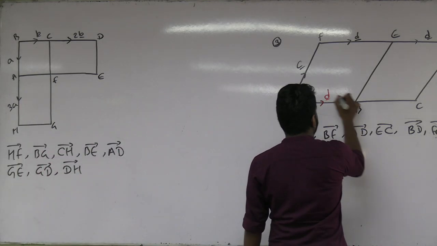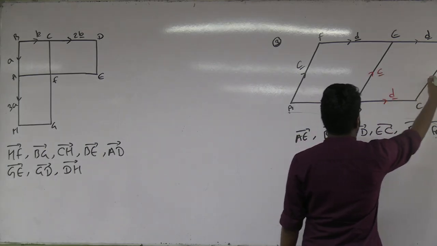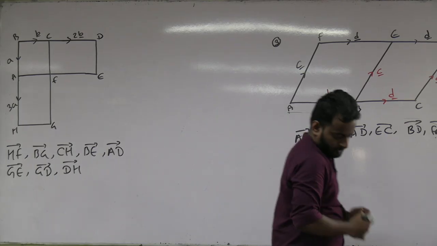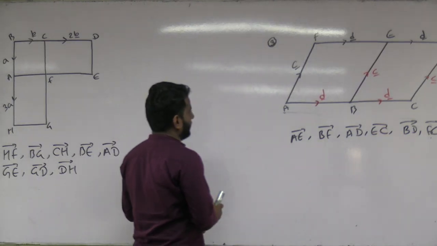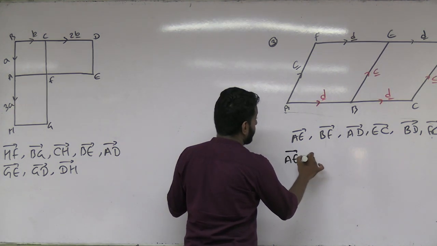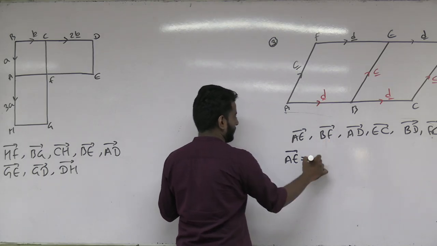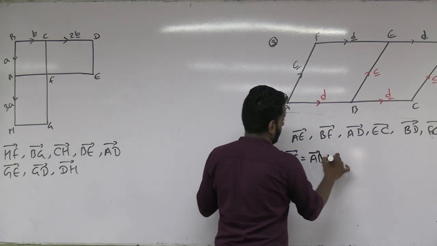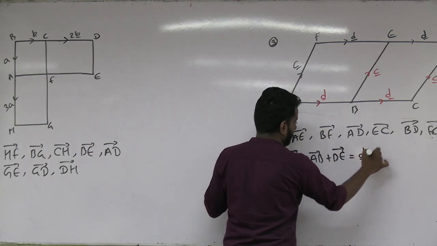This is D, this is D, this is C and this is C. Okay. So we can find AE initially. So AE is equal to AB plus BE. So AB is D plus C.